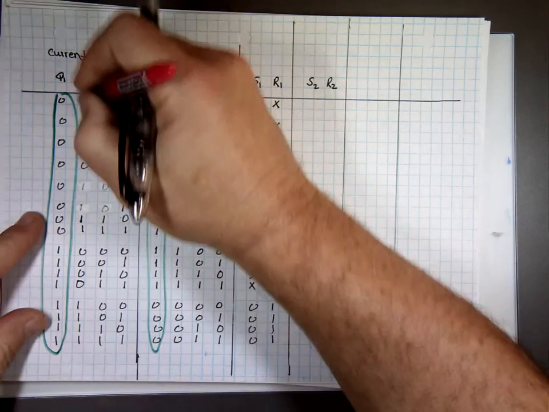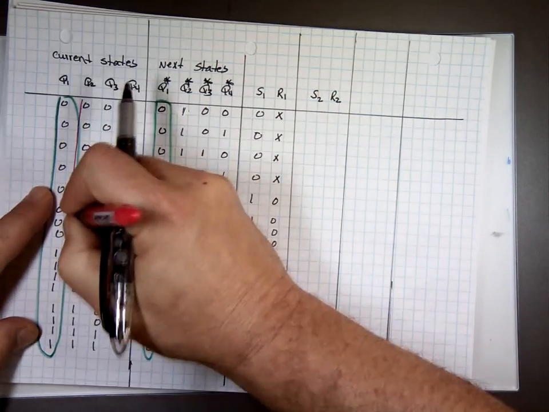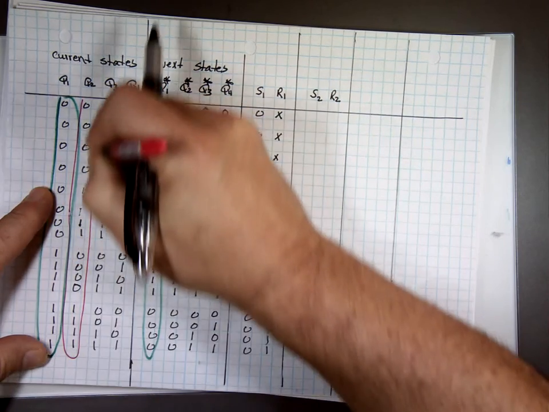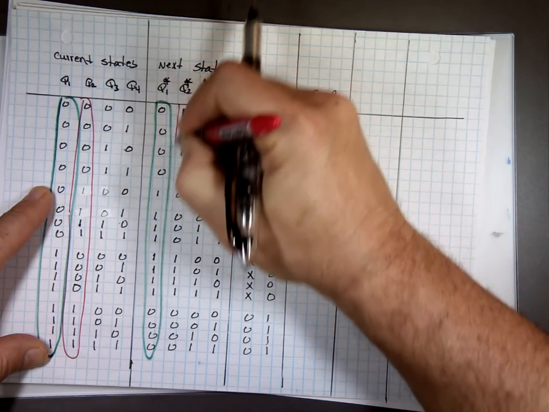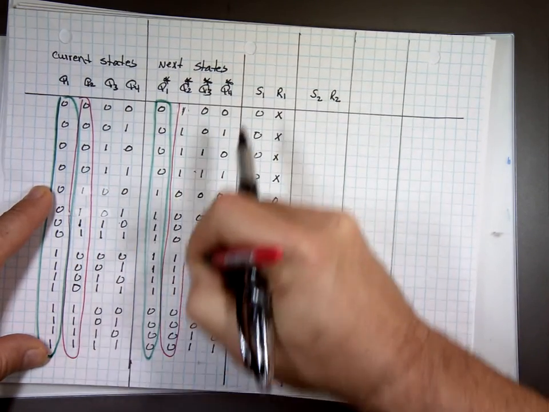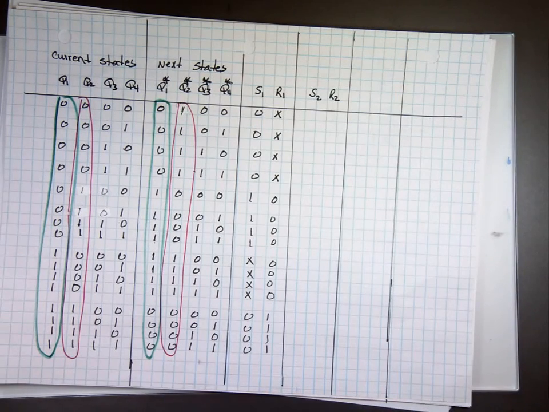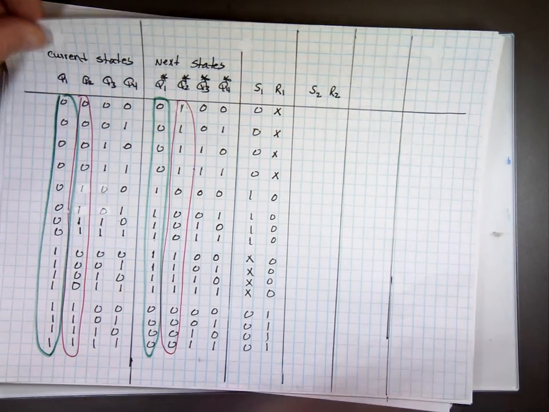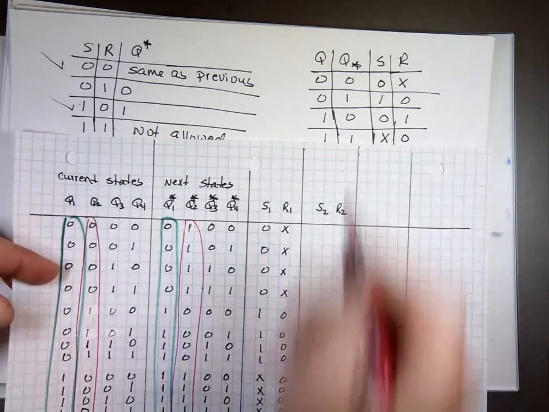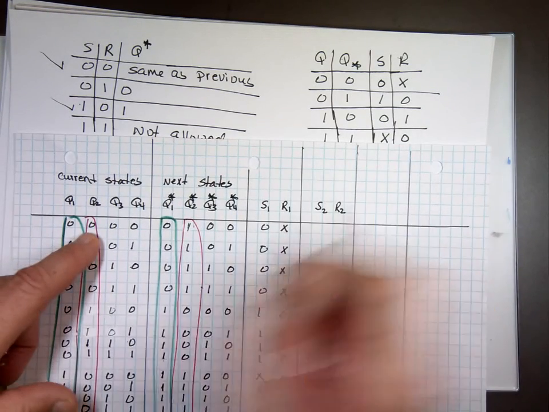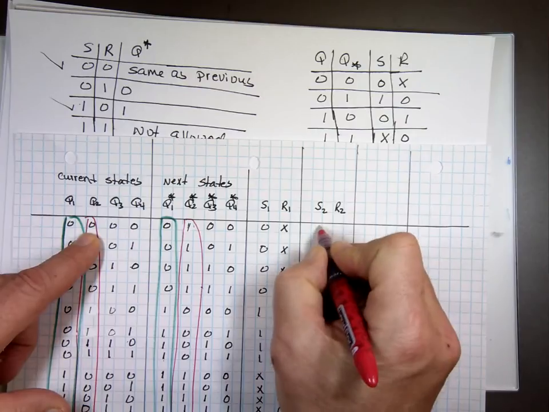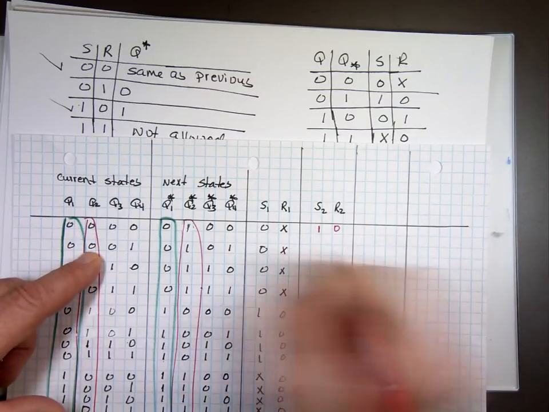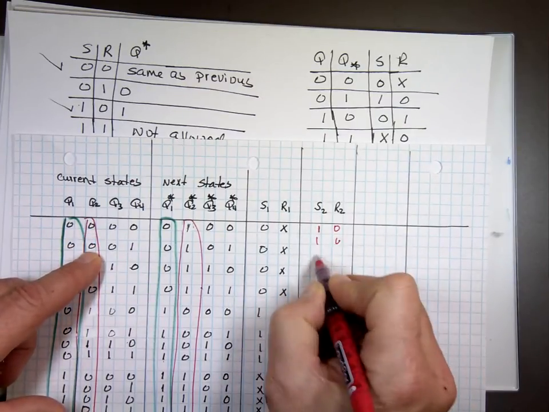That's the red column. I'll use red for them. 0 to 1. Again, 0 to 1. 1 and don't care. 1 and 0. 1, 0. 0 to 1. 1, 0. Oh, 1, 0, right? Put in the wrong place here.